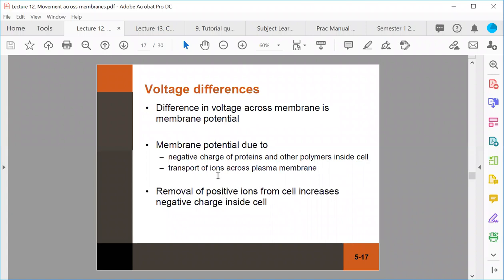If you measure that membrane potential, it's normally in the order of about negative 50 to negative 100 millivolts. Also the removal of positive ions from the cell increases the negative charge inside the cell.